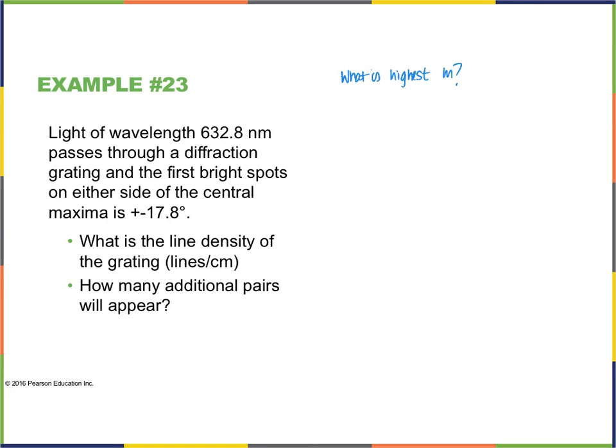If we look at d sine theta equals m lambda, we're going to let theta be equal to 90 degrees, because that's the largest angle deflection from the central maximum where we could see an interference pattern. And then solve for m. So m could be equal to d sine of 90 over wavelength.